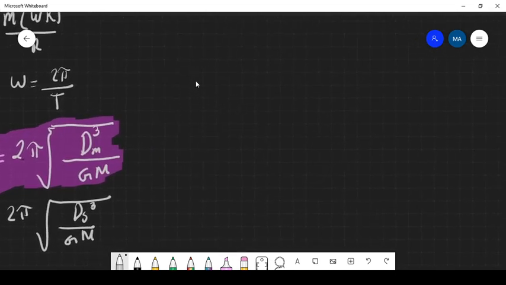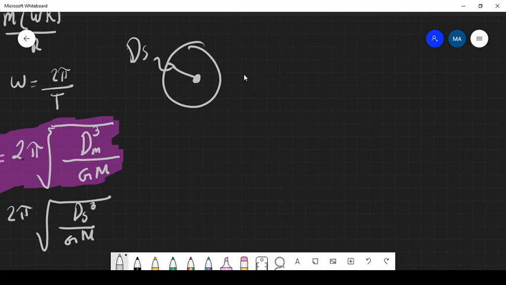So let's say now over here we have the earth and now the satellite, not the moon. This is the distance, this is ds. So what force is applied? The gravitational force. G, the gravitational constant, multiplied by m. Now this m over here is the mass of the satellite, divided by ds squared. Newton's gravitational force law.